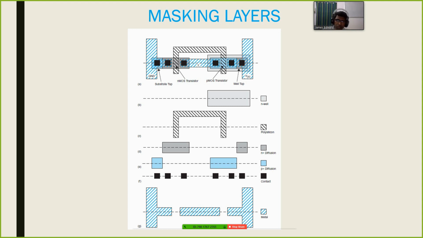But the main concept we derive here is, in summary, the various layers are added, and correspondingly the masks are used synchronously to form the various layers. And finally, by optimizing this process, we can generate ICs with limited die area. So now we have automated tools for this process also.